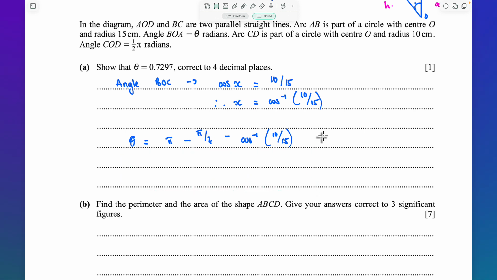In order to find the answer, you have to take the total, which is 180 degrees or pi radians, and subtract the other two angles that you already know. So now we can throw this right into our calculators.